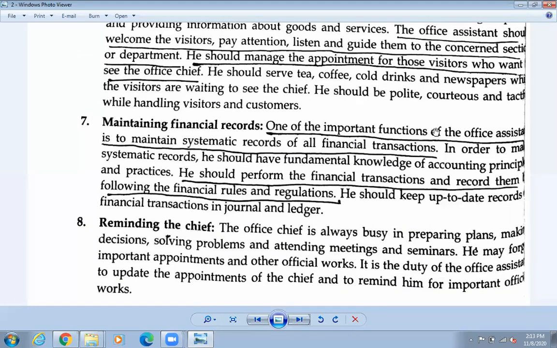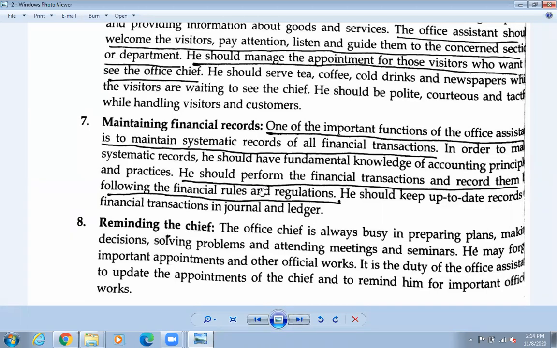One of the important functions of the office assistant is to maintain a systematic record of all the financial transactions, and he should perform the financial transactions and record them. The following financial rules and regulations he must perform, that means he must know the rules and regulations of accounting: what comes in and what goes out.